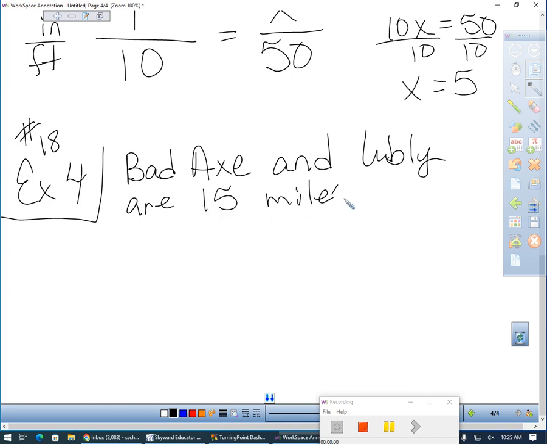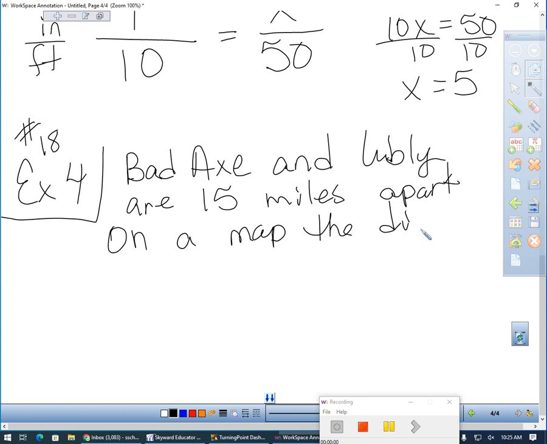That's not true, but we're using it anyway. On a map, the distance is 2 inches. Sorry, 2 inches. Find the scale.